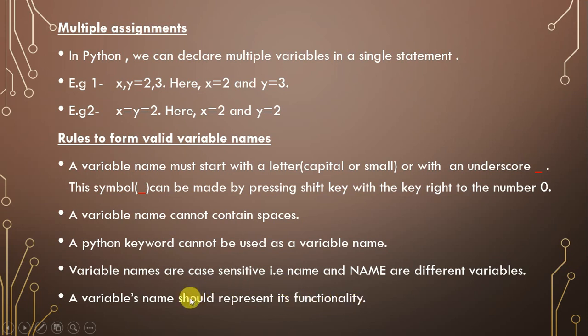It means we should use a name that represents what the variable is doing. If I say the speed of a train is 140 km per hour, then I should use speed instead of any other variable like x, y, z or abc, because they will not make it clear what the variable is doing.